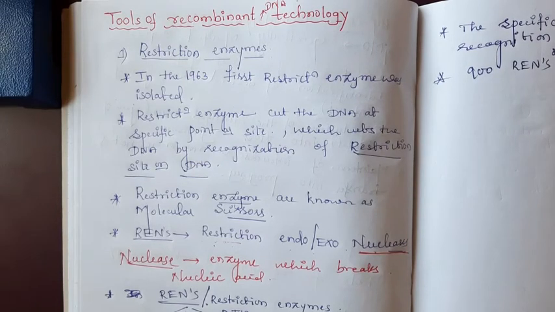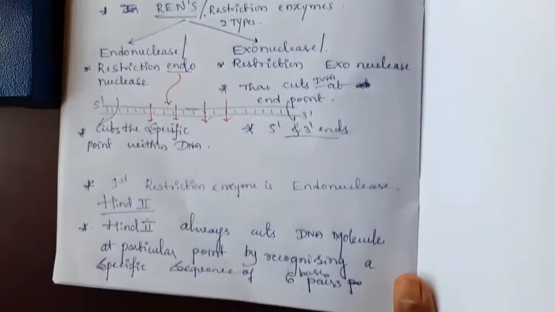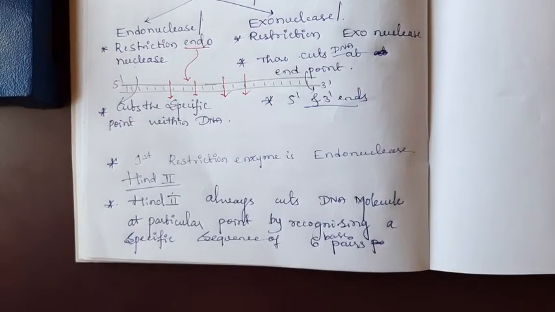In the year 1963, the restriction enzyme was discovered for the first time. The first discovered restriction enzyme is HindII. Restriction enzymes are very specific in their work, meaning a restriction enzyme cuts a particular specific sequence, known as a restriction site or restriction sequence, which depends on the enzyme.